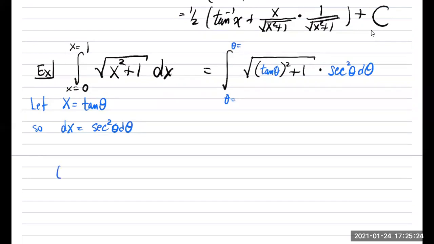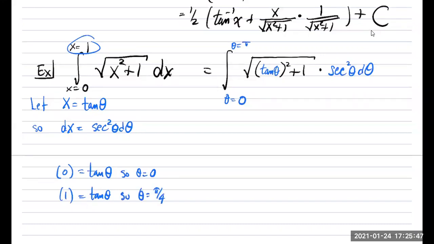For x equal to 0, I have 0 equals the tangent of theta, so theta must be 0. For x equal to 1, the tangent of theta equals 1, so theta must equal pi over 4. So now we've converted the entire integral over to thetas.